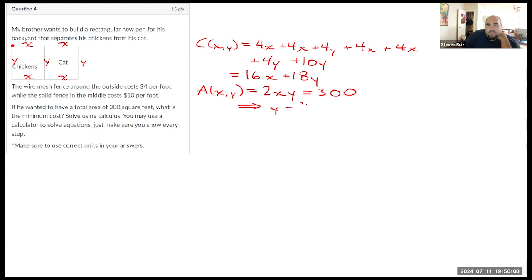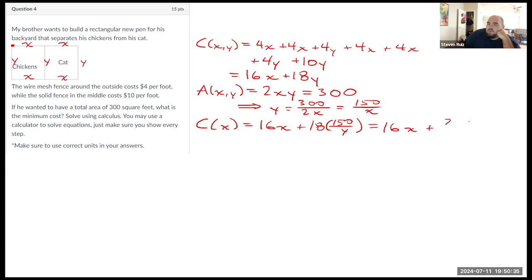So y is equal to 300 over 2x, or 150 over x. And now that we have that, we can write our objective function as a function of a single variable. So 16x plus 18 times 150 over x, or 16x plus 2700 over x. So here's our objective function.